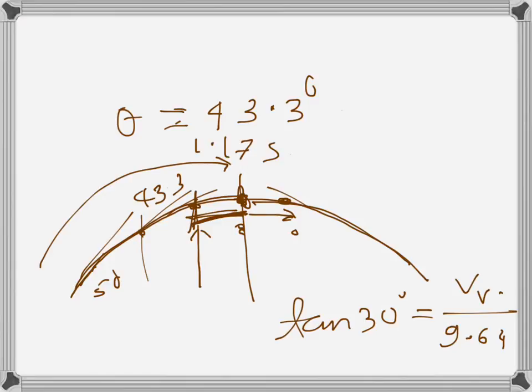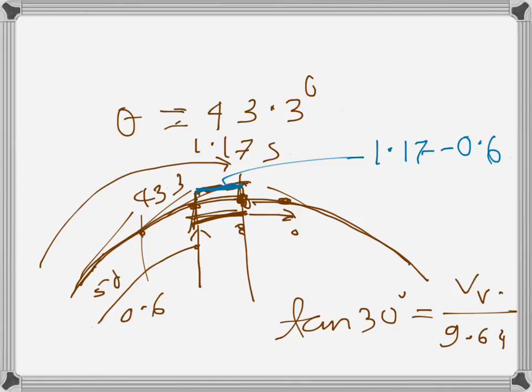Now we know that to reach 30-degree elevation here, it takes 0.6 seconds. So now we can find how much time it takes from 30 degrees to 0 degrees, this much. That will be 1.17 minus 0.6, that is 0.57 seconds.